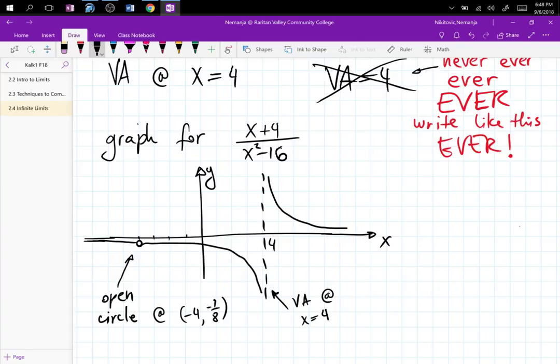So we have open parenthesis x plus 4, close parenthesis, divided by open parenthesis, x squared minus 16, close parenthesis, and then graph.